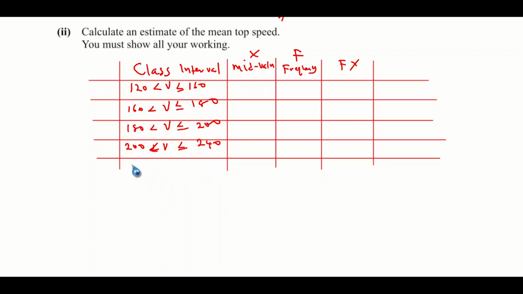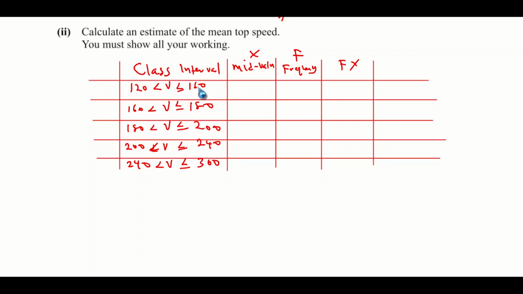So it will be 240 less than v, and v is less than or equals to 300. Okay, then I think I'm okay here. So I can just write this one too again. So less than 180. So this one too, less than or equals to 200. So I think we are good now.